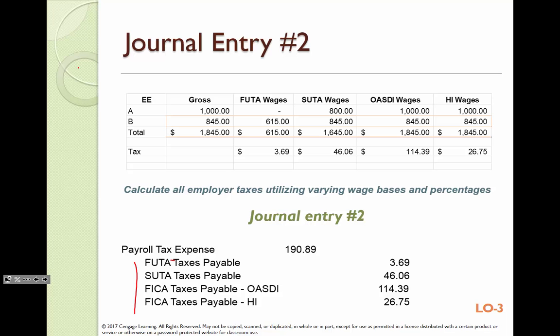Again, FUTA payable, SUTA payable, OASDI payable, and HI payable. This, don't screw around with this account title. It needs to say payroll tax expense.